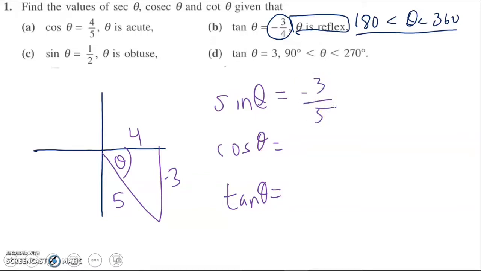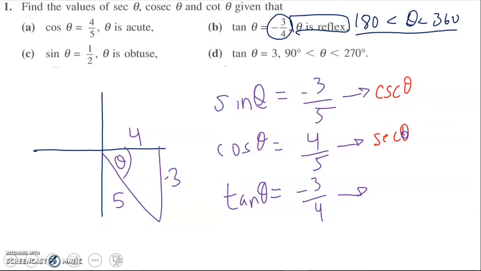Cosine theta would end up being 4 over 5. Tangent, that's opposite over adjacent, that's negative 3 over 4. Let's start with that, and then we can find the inverse of each of these. That would mean cosecant, secant, and finally cotangent.